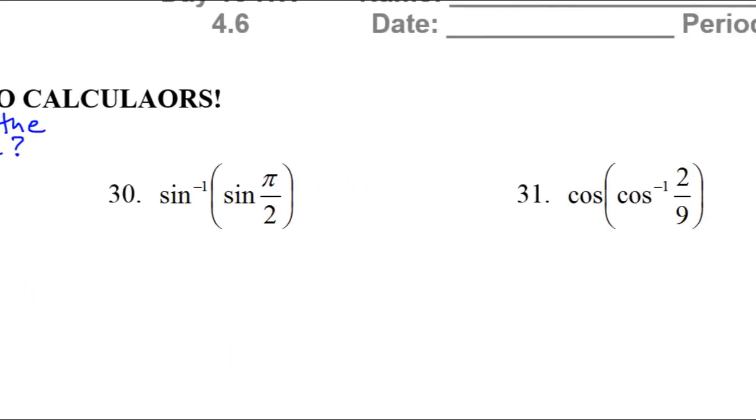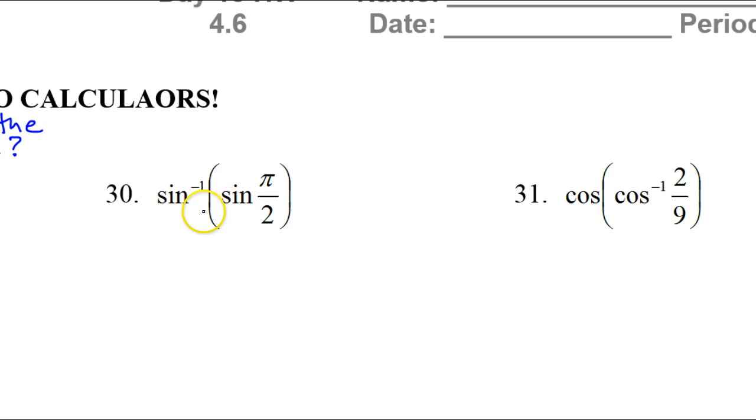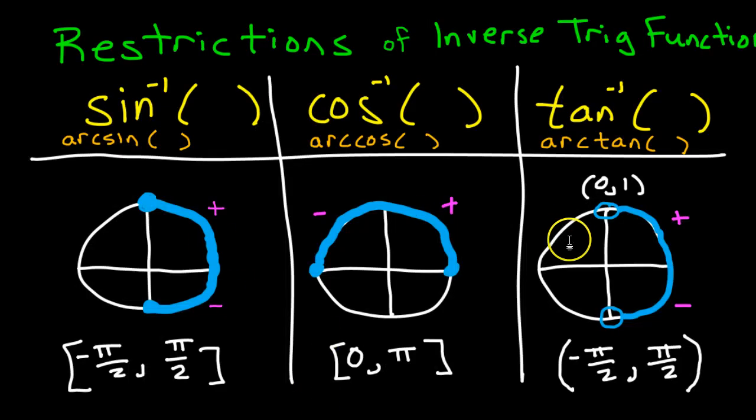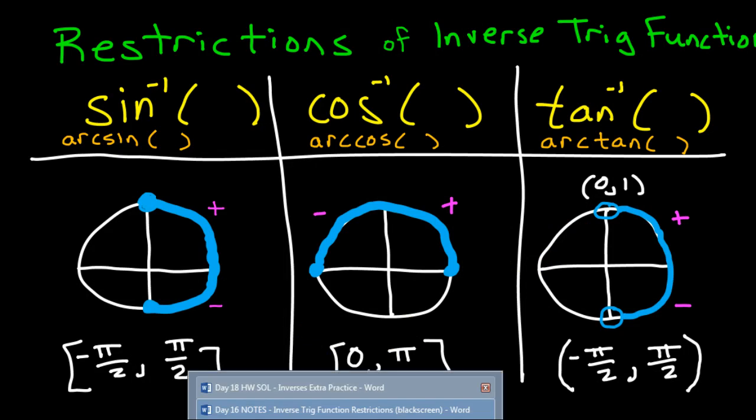Now, number 30 represents a different case. I don't have the inverse trig function on the inside. It's on the outside. So now I do have to worry about the restrictions. But as long as the inner function does not go outside of the restriction, then we're still okay.